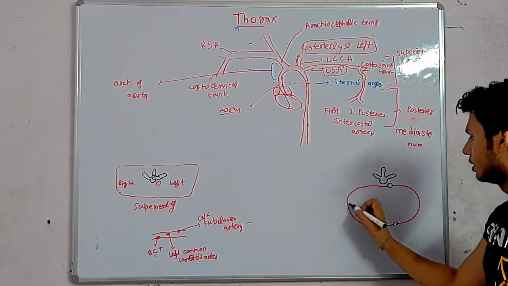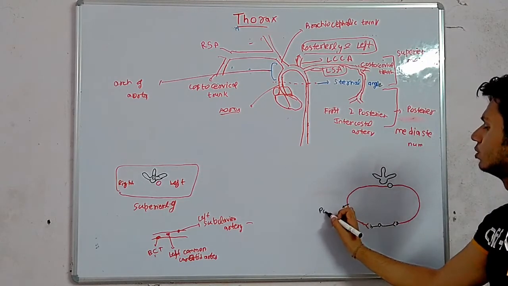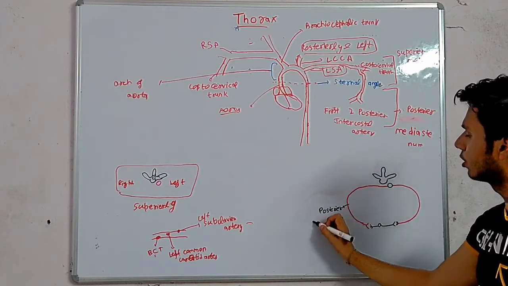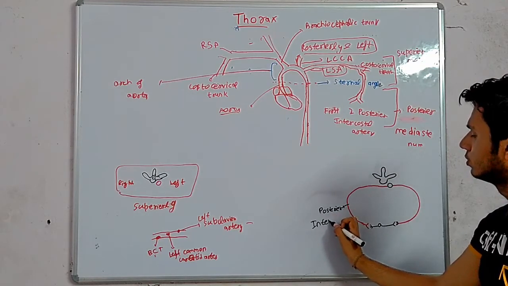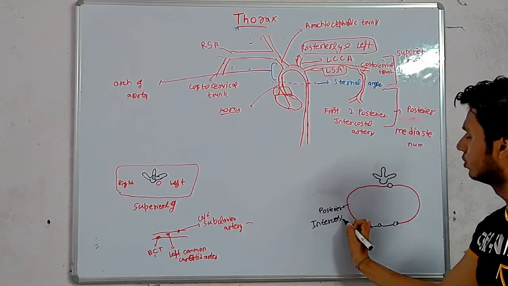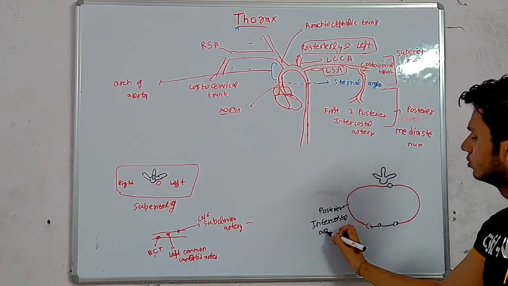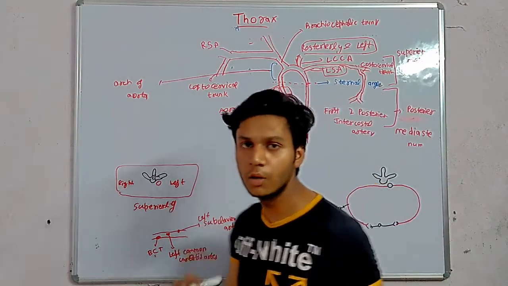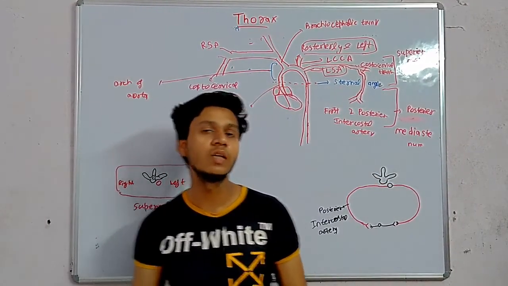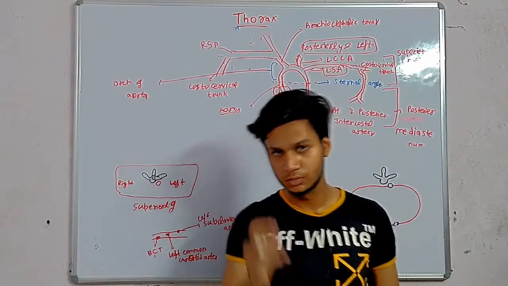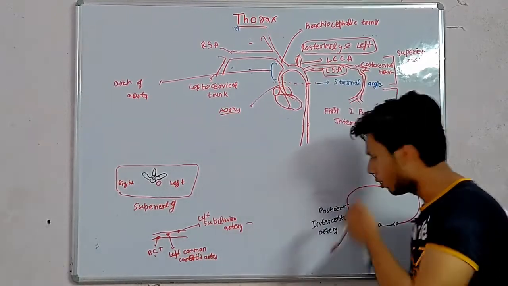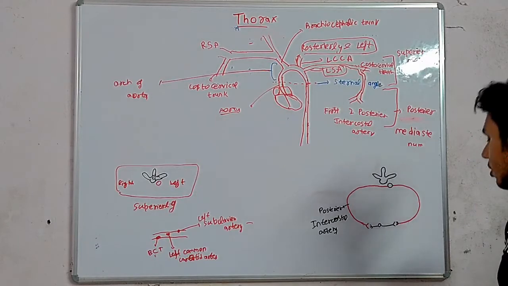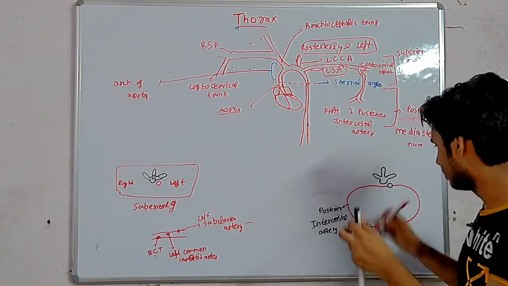So we know this is the posterior intercostal artery. In each intercostal space there is a posterior intercostal artery and its collateral branch. They also give a collateral branch, another branch coming from this, like this.